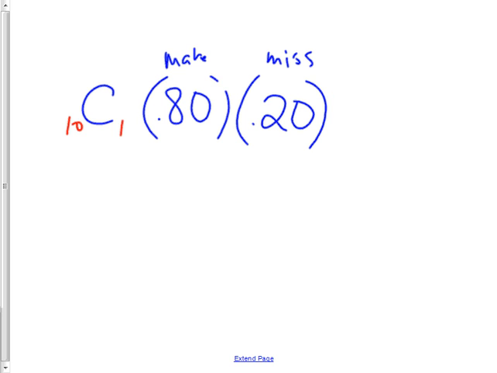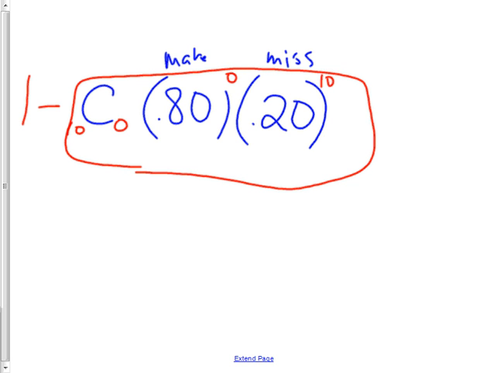If you want to find that, you would say, instead of at least 1, that's going to mean not 0. And not means you take 1 minus whatever your answer is for 0. 10 shots, choosing to make 0. 0 makes 10 misses. Figure this out and get that decimal and subtract it from 1.